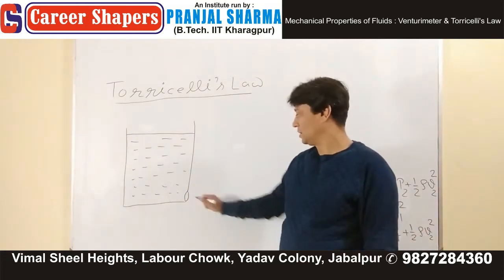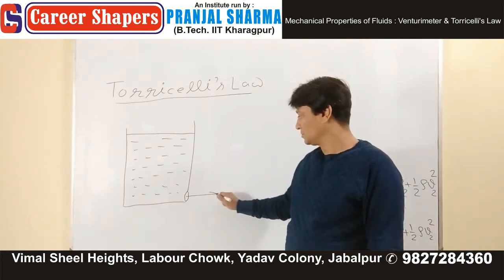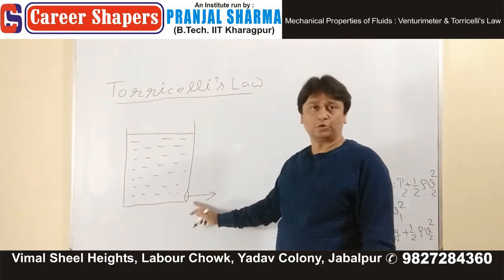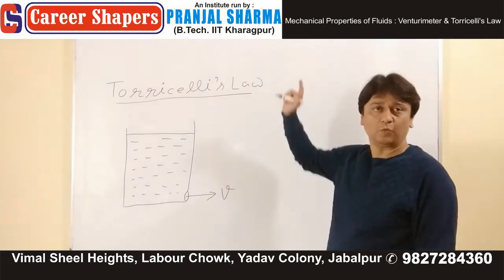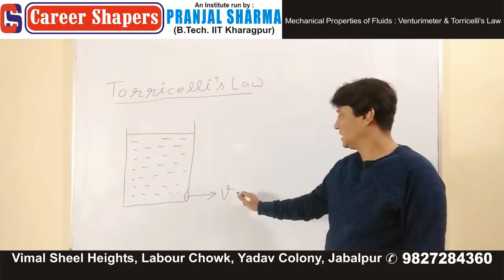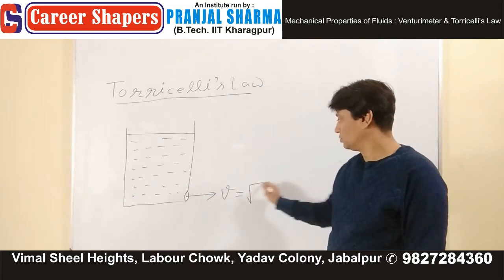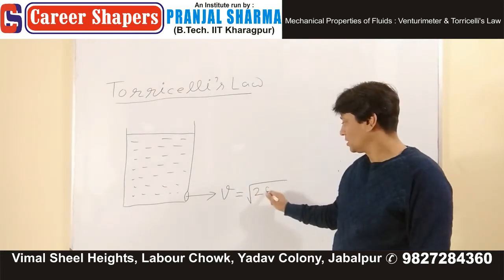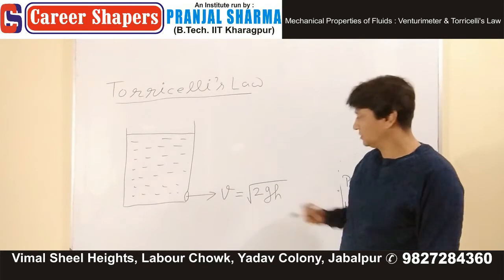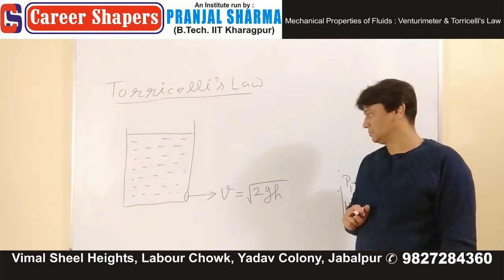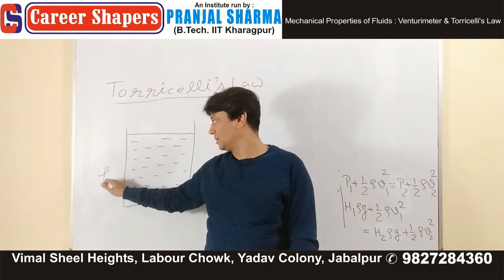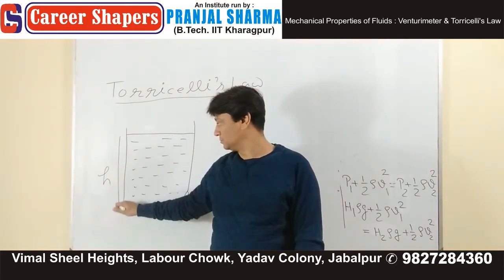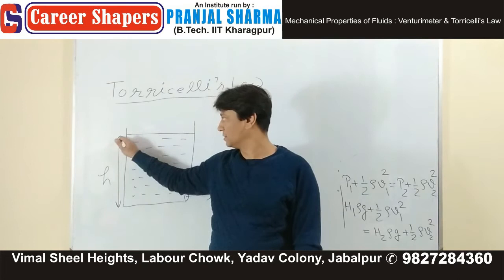Then when water comes out through this hole, V, what Torricelli found, is equal to root over 2GH, where H is height of liquid column in the tank.